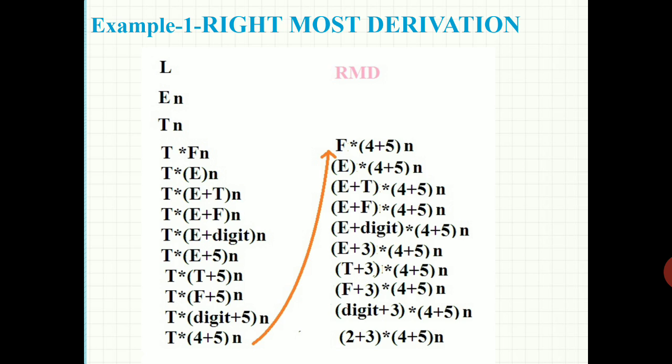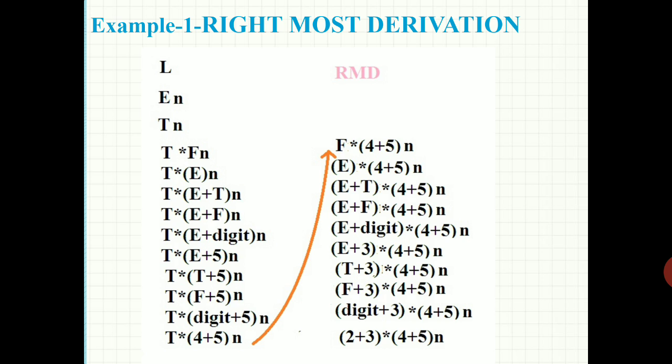So for that we are going to start from the start symbol L. Then the first derivation is L produces E n. Then E is expanded by the production E produces T. Then T is expanded by the production T produces T star F. So then you will get the corresponding expression in each and every step of the derivation.